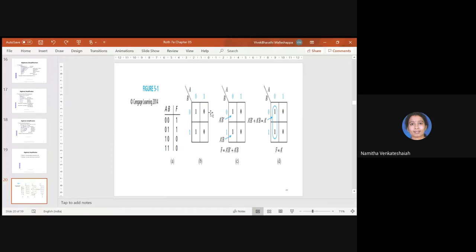The truth table is diagram A, and this is diagram B. After writing this diagram, now stop writing and listen to me.